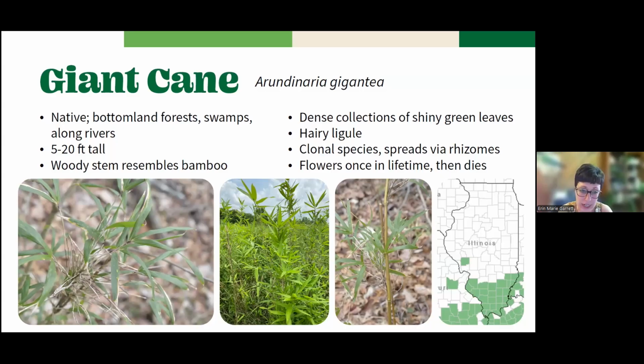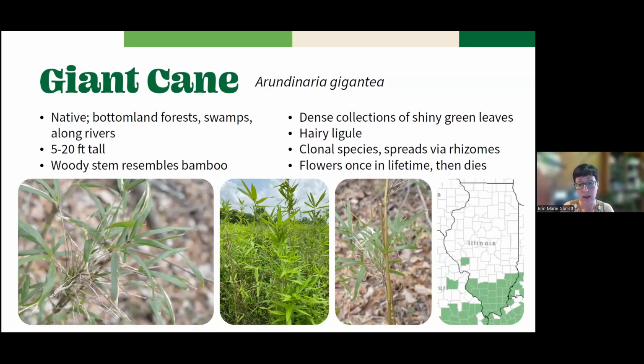The easiest way to identify it when you're out in the field is to look for that woody stem that resembles bamboo, especially if you're in an area where you know there's not any ornamental bamboo that's escaped. This is going to be your only option, okay? And it's definitely not going to have as big of a stem as you would get in an ornamental bamboo.